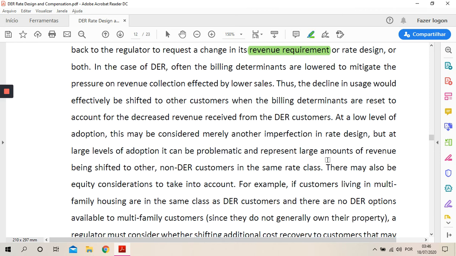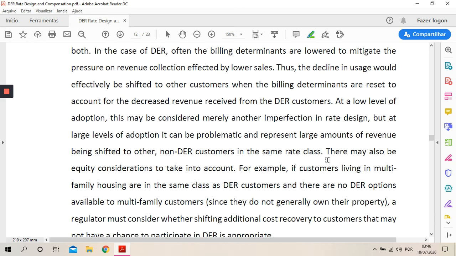In the case of the ER, the billing determinants are lowered to mitigate the pressure on revenue collection affected by lower sales. Thus, the decline in usage would effectively be shifted toward consumers when the billing determinants are reset to account for the decrease of revenue received from the DER customers.